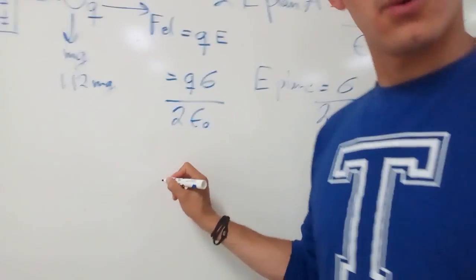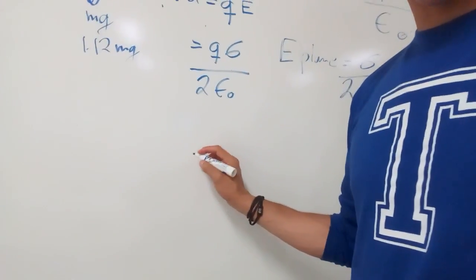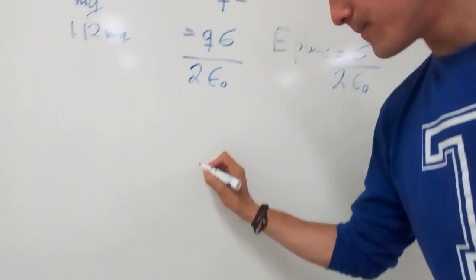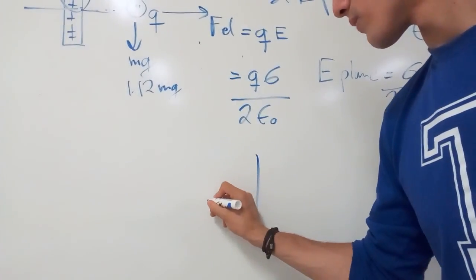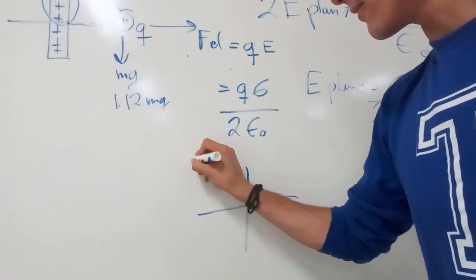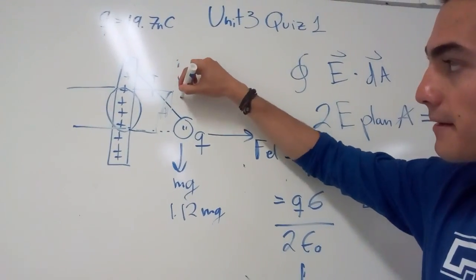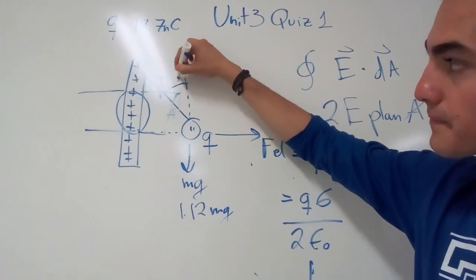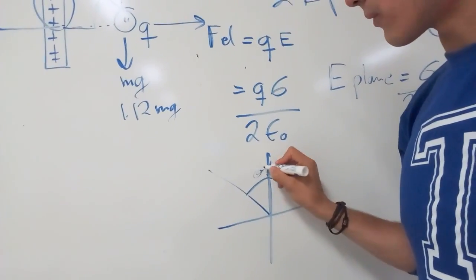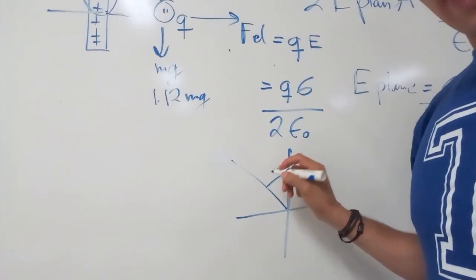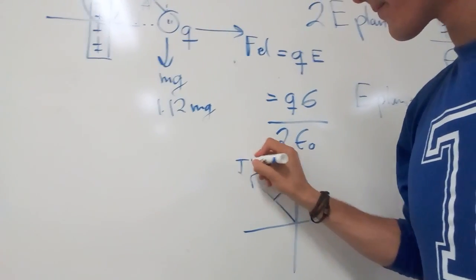Once we know this, we can obtain our tension. I'm going to write here the tension. The tension, as we can see, we have it here, and here we have theta. Theta is our angle, and here is the tension.